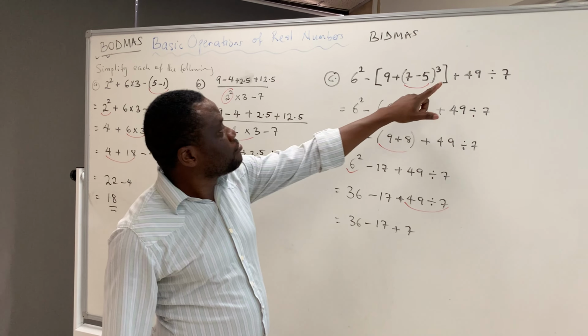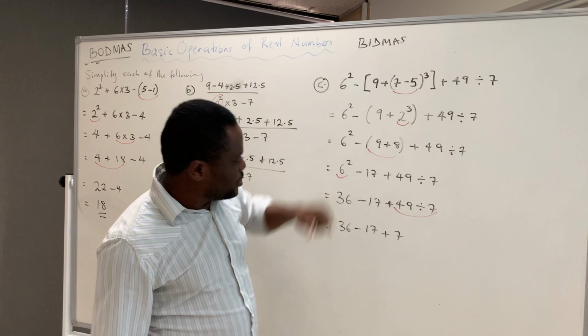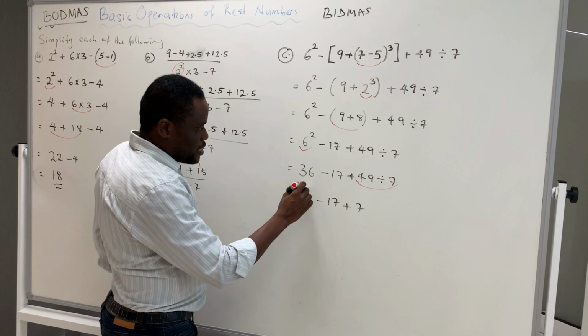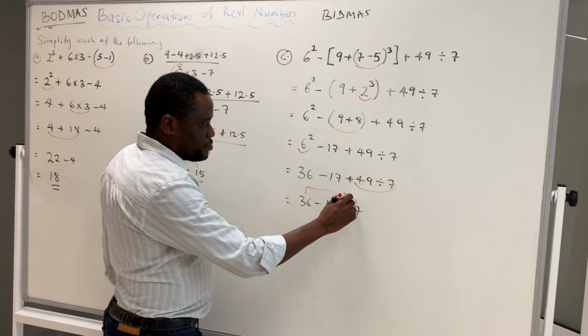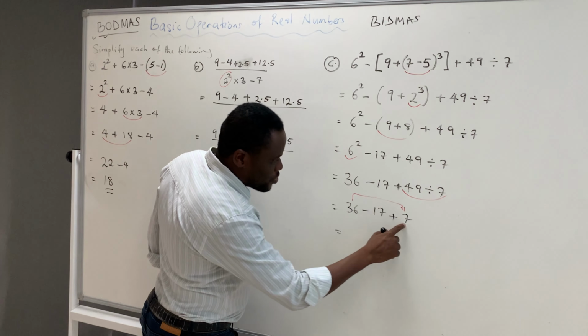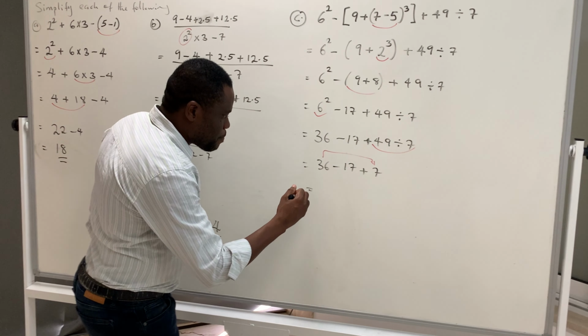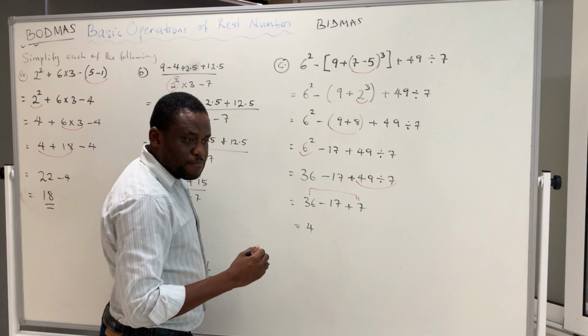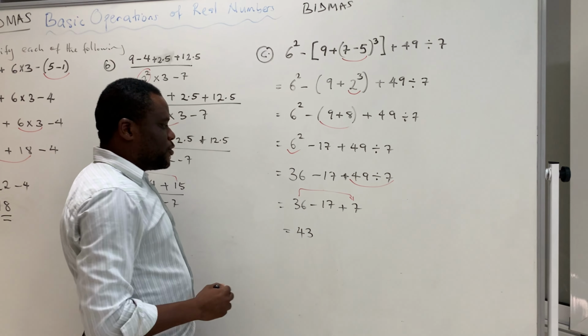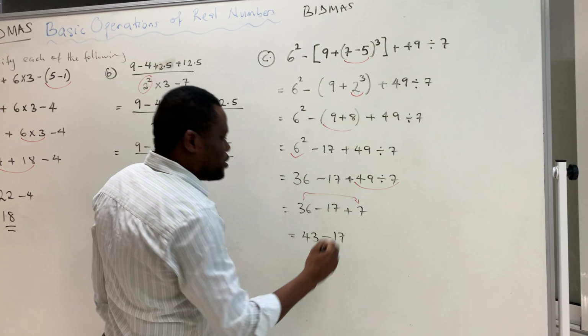What is next after? Addition. This addition, which means we add this guy with this guy. Right? So, 36 plus 7 is what? 43. 43 minus 17.